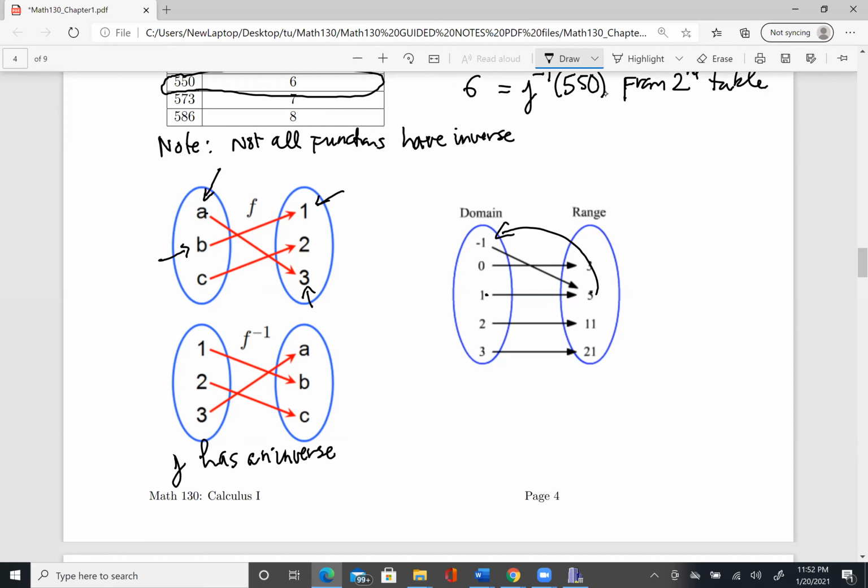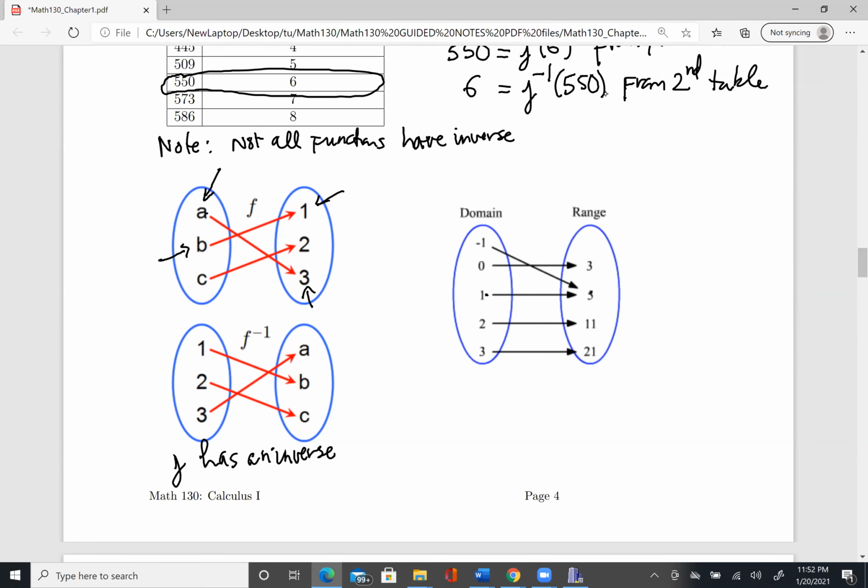So from 2 numbers of the domain having 1 range, you cannot go back. And that makes g, let's call this function g, does not have an inverse.